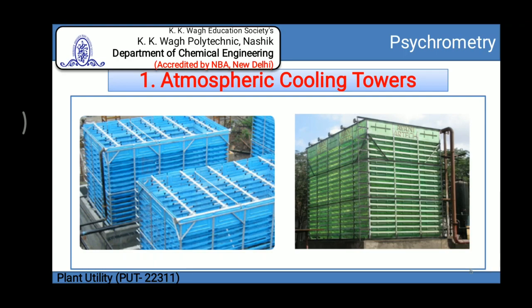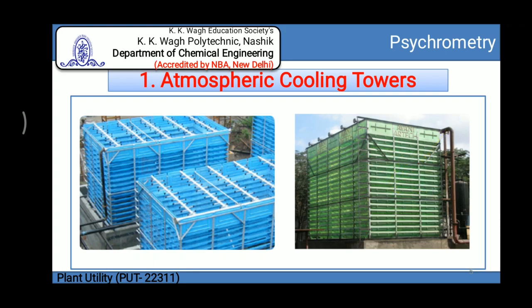This one is the atmospheric cooling tower. This is the simplest type of cooling tower. It consists of a rectangular chamber which has louvered walls on opposite ends of this tower. The louvers are devices which act as a barrier for splash out and sunlight. Also, the louvers give direction to the flowing wind which is coming inside this cooling tower from the atmosphere.